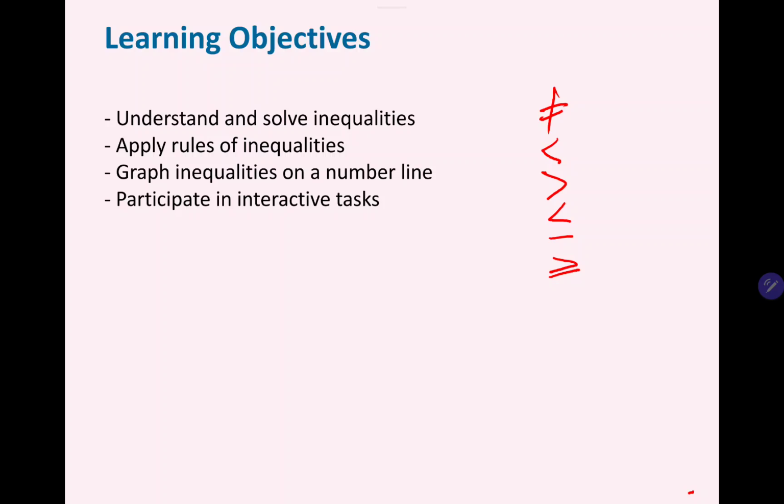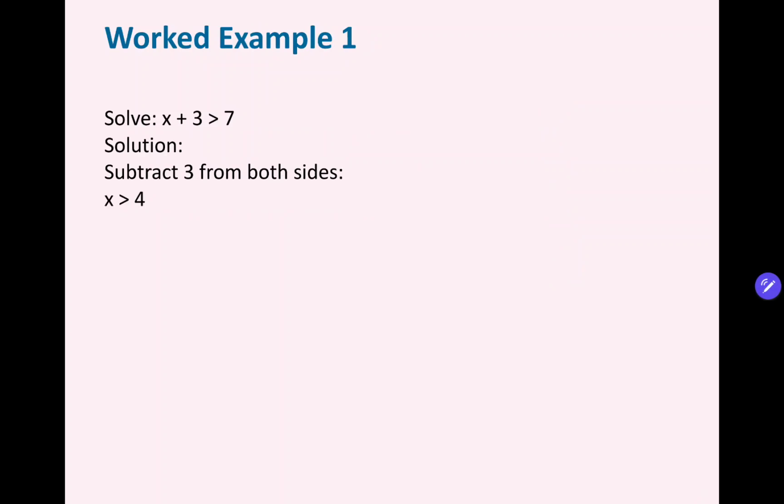The rules of inequality are the same as that of equations. However, for inequality, we have some properties that are very important that you should know in order to be able to solve inequality problems correctly.